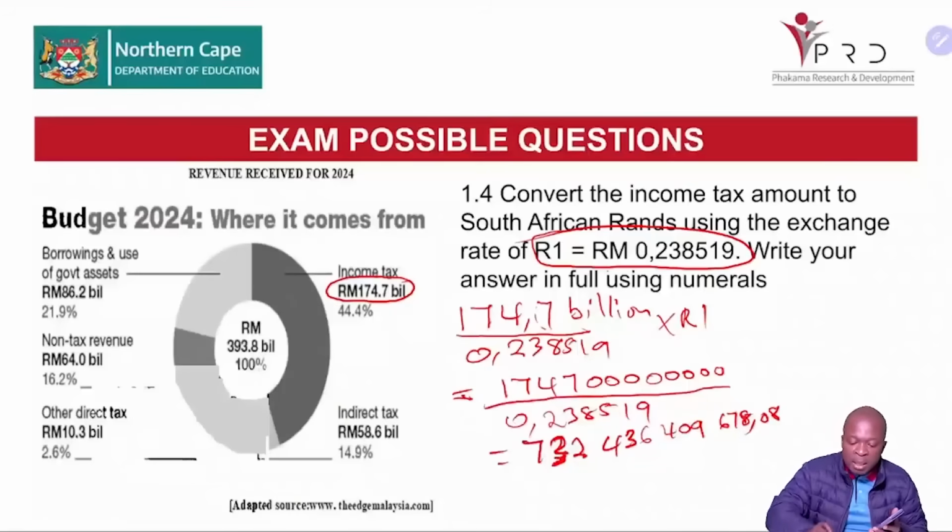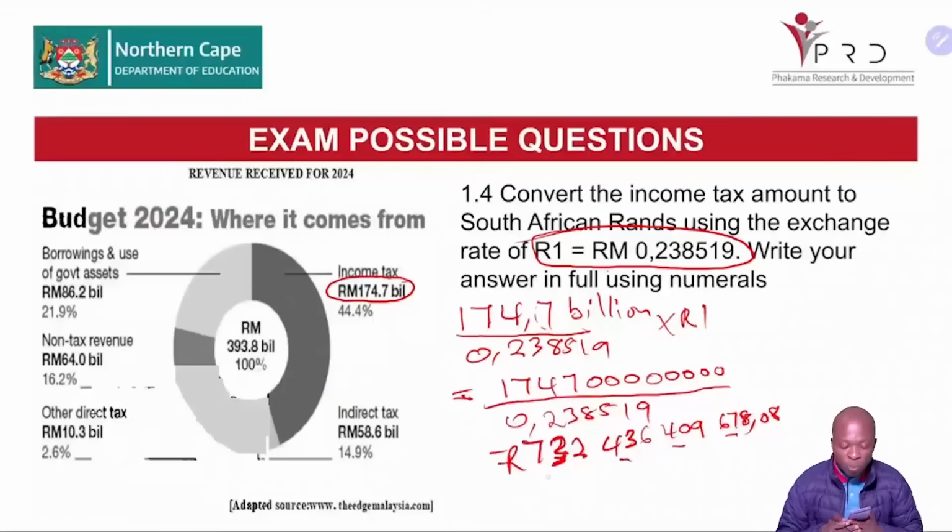Meaning now this is in rand. How do you pronounce it, if you wish to? It's going to be 732 billion 436 million 409,678.08. That is how you pronounce it.